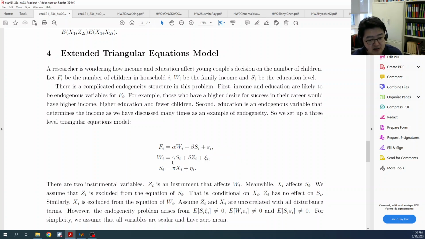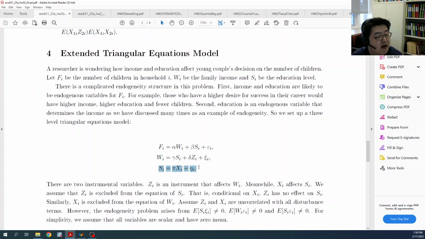So S affects W, and then S and W both affect F. So then what you need is a separate instrument for each of them. And they have to be both excluded from the main regression, right? The final third stage regression.